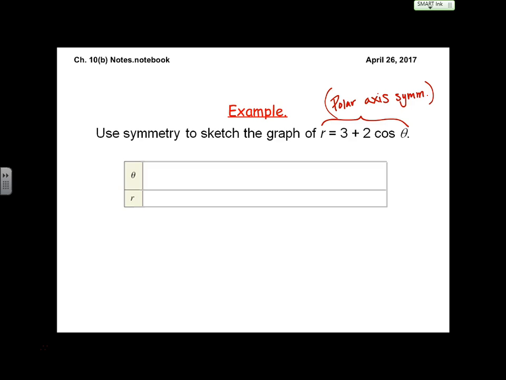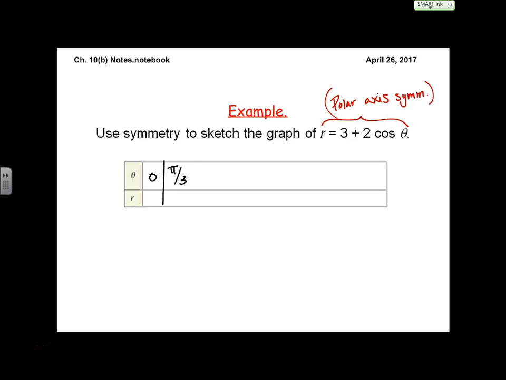Can anybody think of what are some nice angles that, when plugged into cosine, get out nice whole numbers or nice fractions, not the square rooty ones? Okay, 0 is good. What else? When is cosine 1/2? No, pi over 6 is square root of 3 over 2. Yeah, pi over 3. So let's skip pi over 6 and pi over 4, because that would be weird square root of 3 over 2 and square root of 2 over 2.